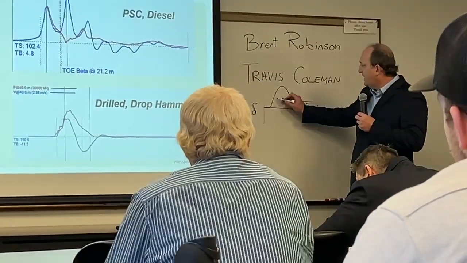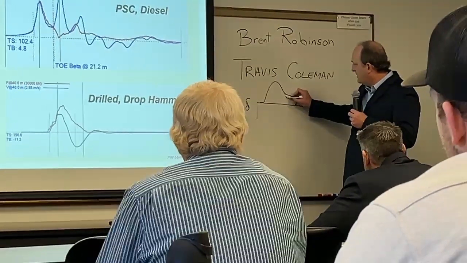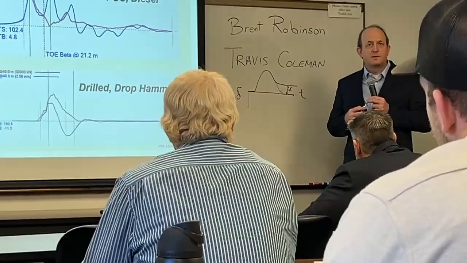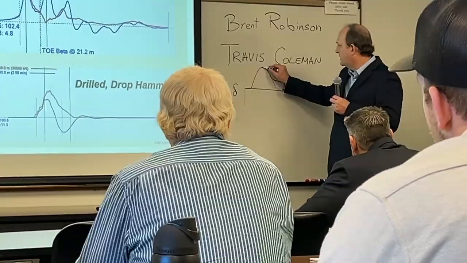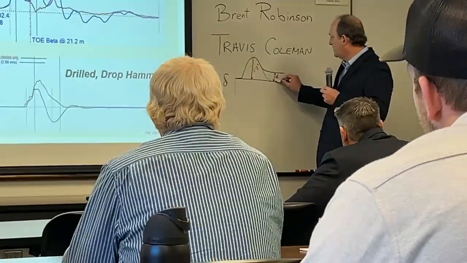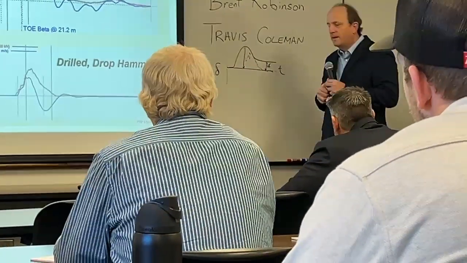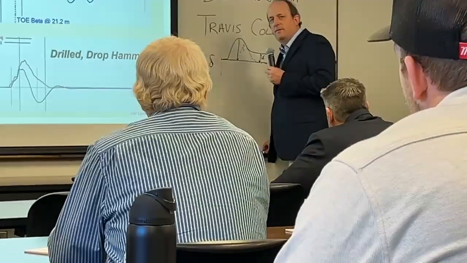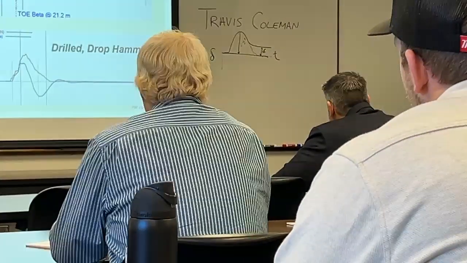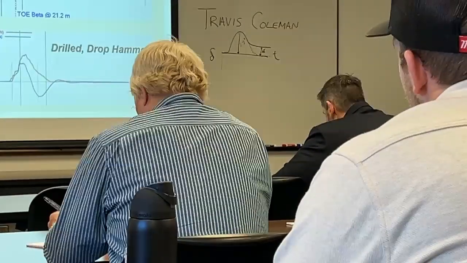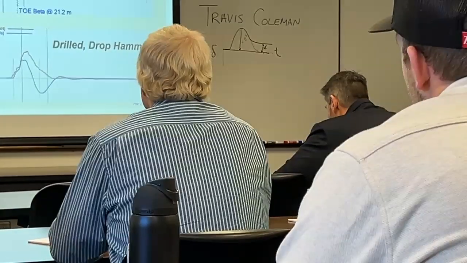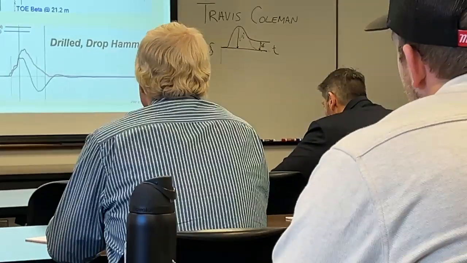If I had a scenario where instead of that, it does something like this, then if this were on the order of 2 to 3 inches, and this is 0, then that's an indication that you might be having a lot of rebound, and that all of the energy of the hammer is going into compressing the pile and soil, but nothing is achieving some failure of that soil.